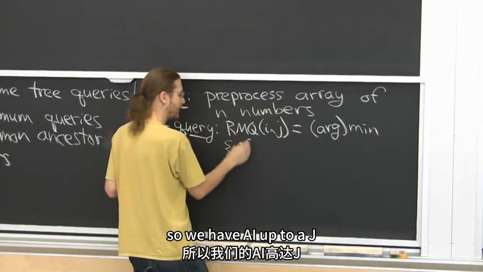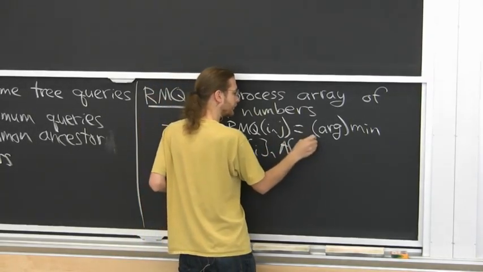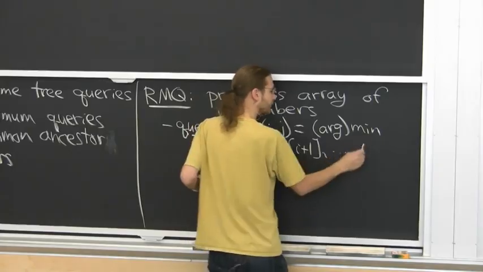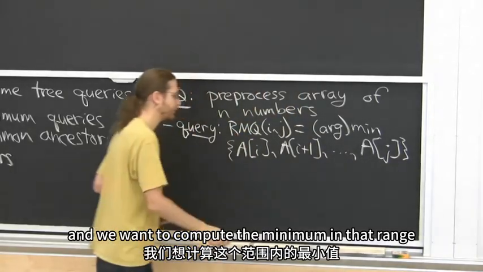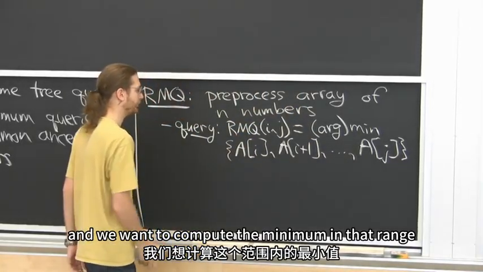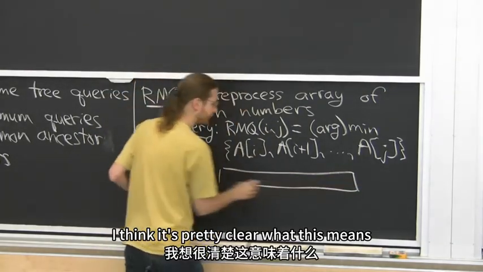So we have A_i up to A_j, and we want to compute the minimum in that range. So i and j form the query. I think it's pretty clear what this means.